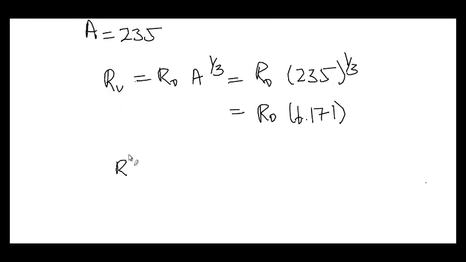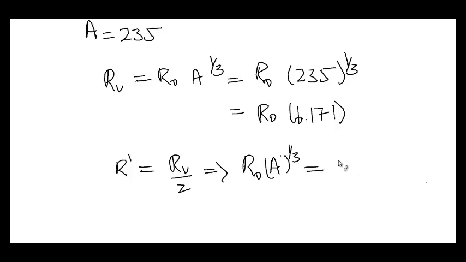So if I take R dash as the radius of the new nucleus, this is R_U divided by 2. So you have to find out which nucleus that is. So R naught into A dash to the power 1 over 3 is equal to R naught by 2 into 6.171.